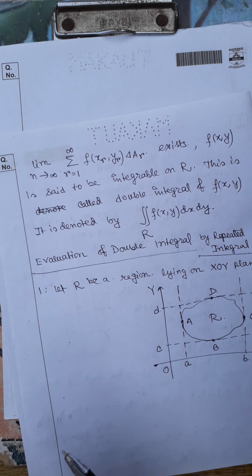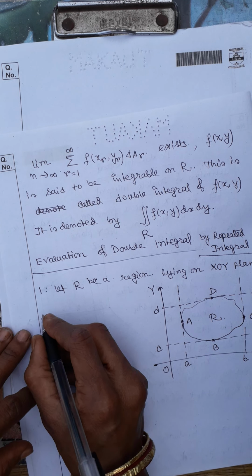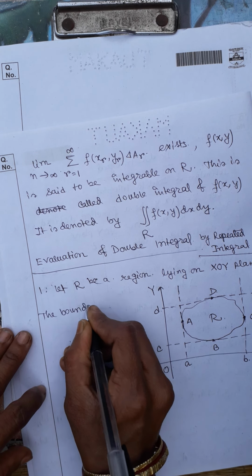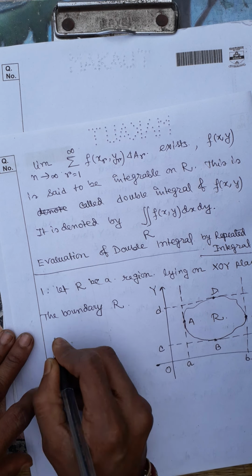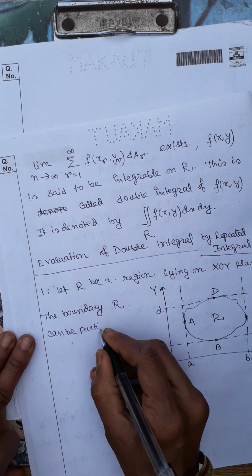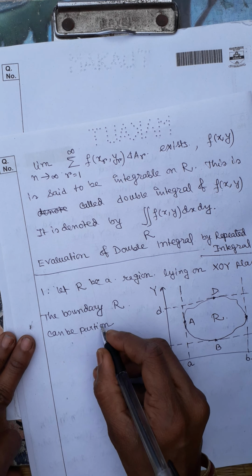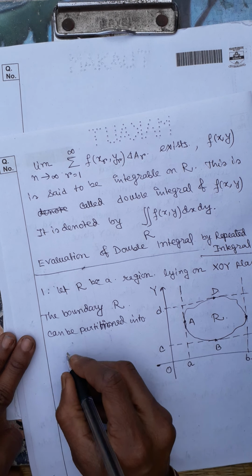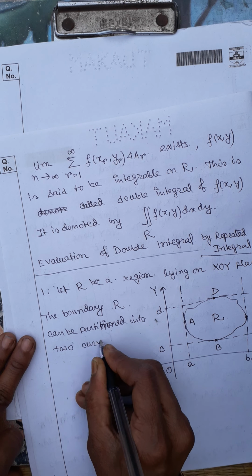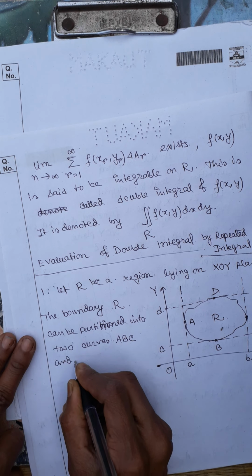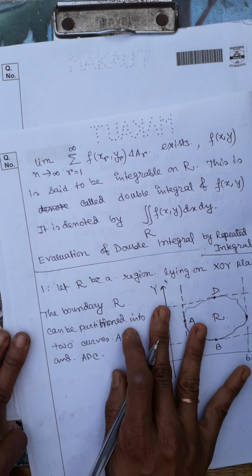Next, these two curves are defined by two functions. So the boundary of R can be partitioned into two curves, ABC and ADC.